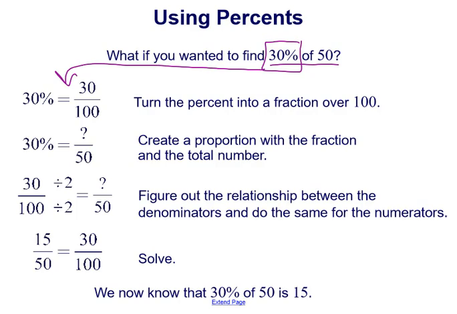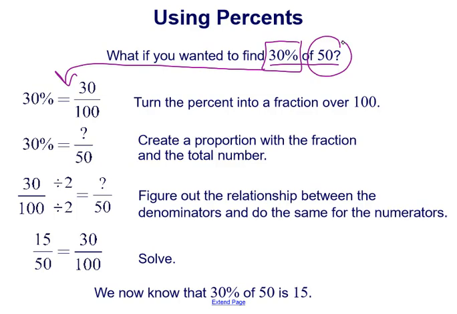We'll then create a proportion with the fraction and the total number. So our total was again 50. So we know that the 30% should be some unknown amount, some part over that denominator of the total, which is 50. So 30% equals something over 50.